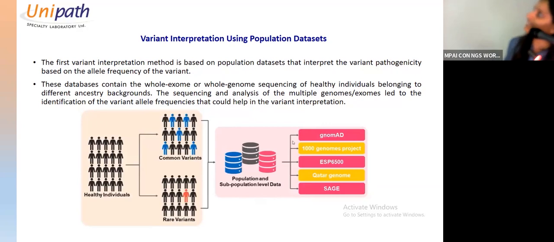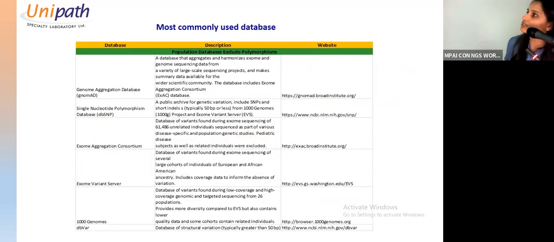Then comes this second criteria, for polymorphism, I guess it is 1%. It's actually better to consider, if you consider up to 1%, it's like supporting benign.